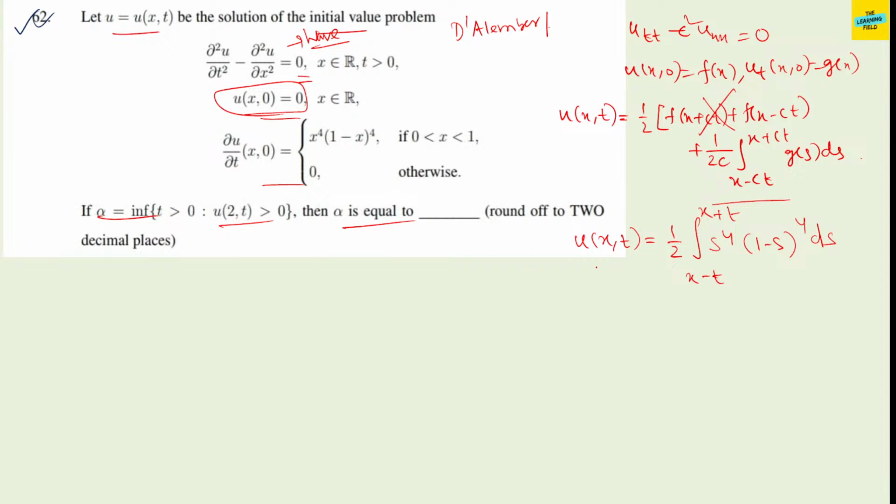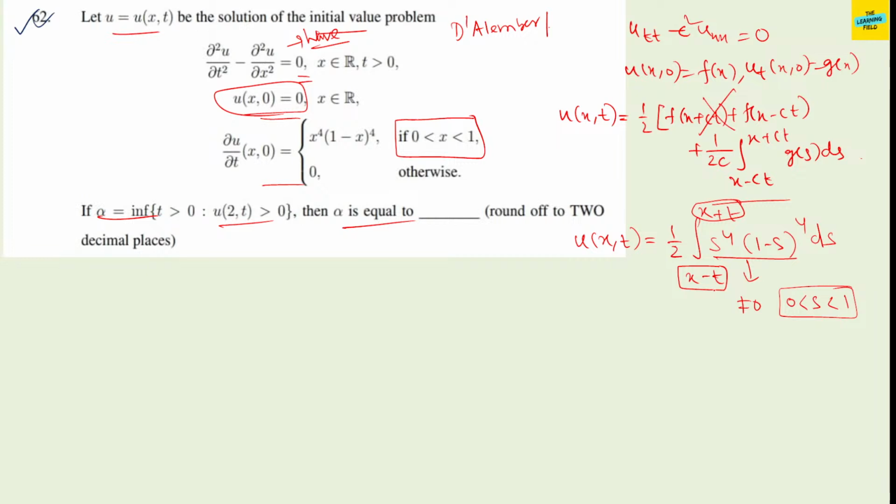Fine. Now we have to check these two limits, x-t and x+t, because the function is nonzero only on the interval 0 to 1. Therefore the integrand must take a non-zero value, which happens only if 0 < s < 1.